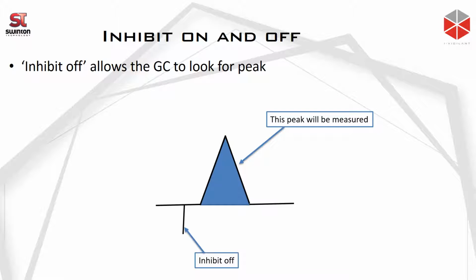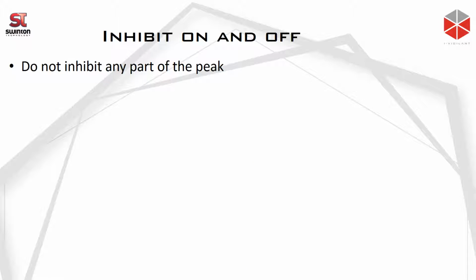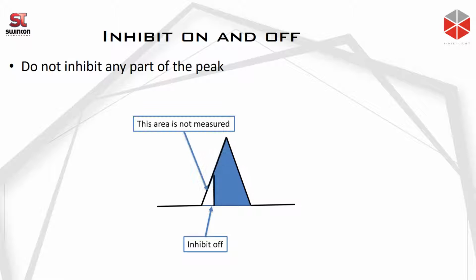So if we have a peak like that, and we put an inhibit off before the peak, then the peak will be measured. Some of the rules about the inhibit: do not inhibit any part of the peak. If we put an inhibit off in the middle of the peak like that, some of the area will not be measured by the GC.